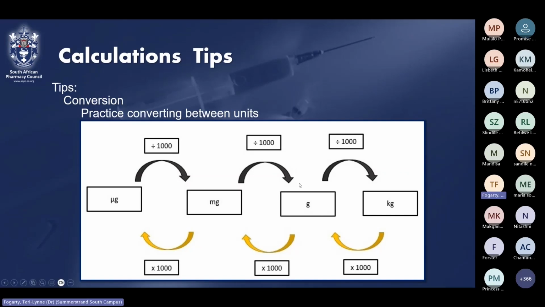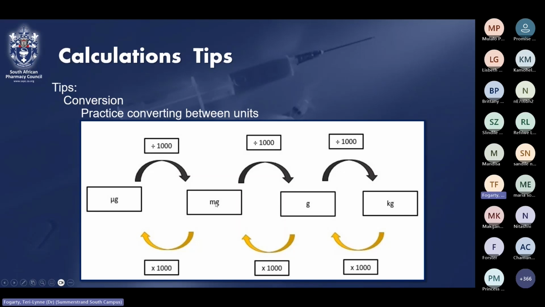But the question is saying, I've got 5 grams, how many milligrams is that? Do you agree with me? The question is saying, convert 5 grams to milligrams. So then I must take 5 and I must times it by 1,000, which is going to give me 5,000 milligrams. Only 65% of people have said that.